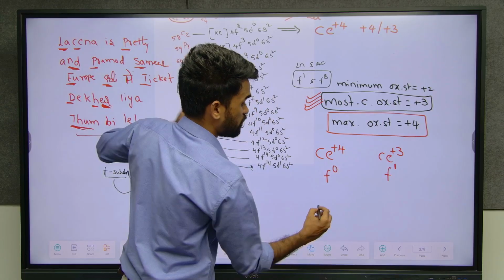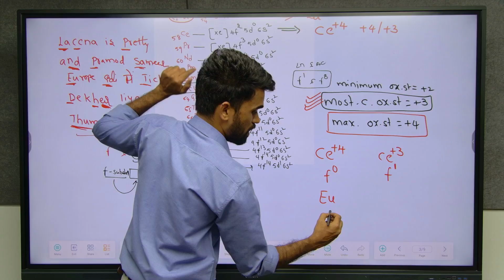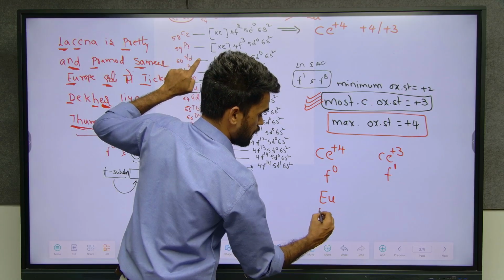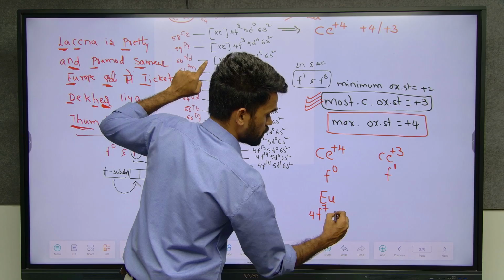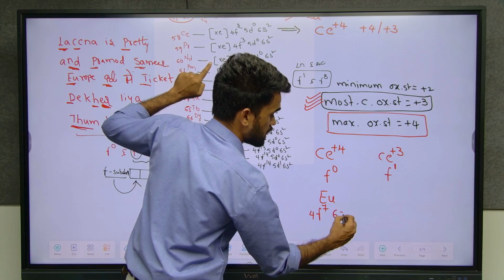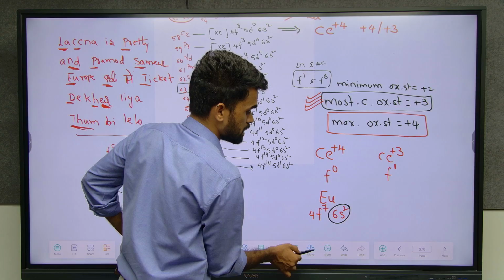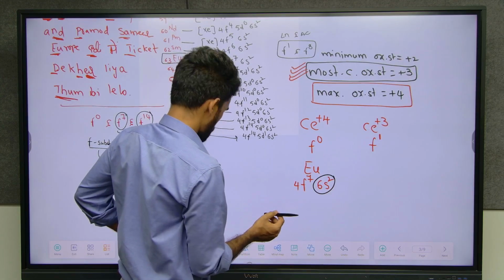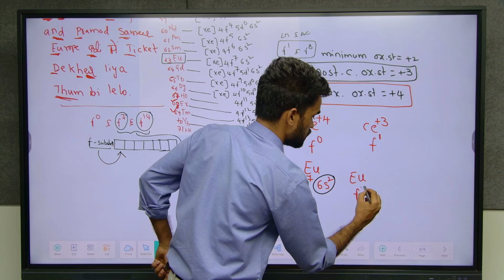Okay, now tell me for europium, how many valence electrons it has? Like 4f7, 5d0, 6s2. If I remove these 2 electrons, how will it exist? 4f7.